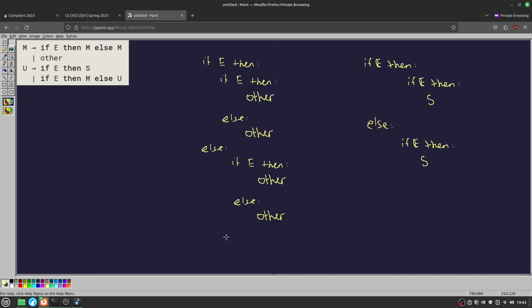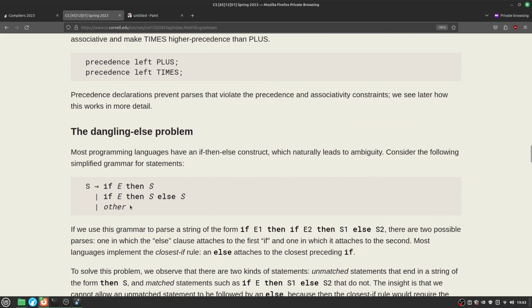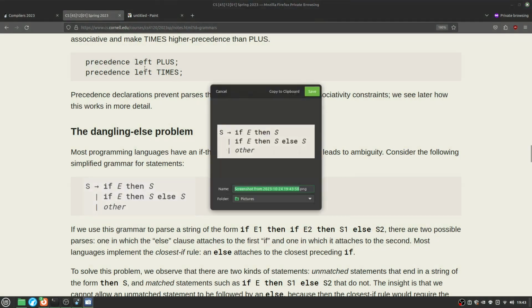Right, so those two are legal, whereas this one is broken.